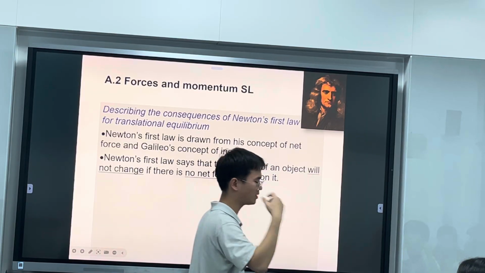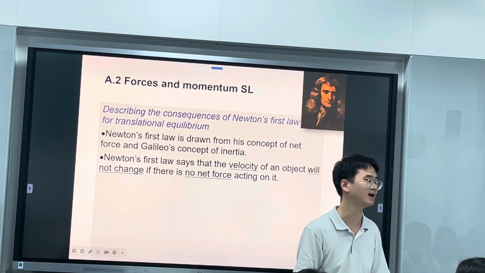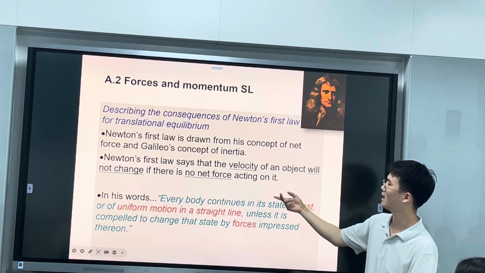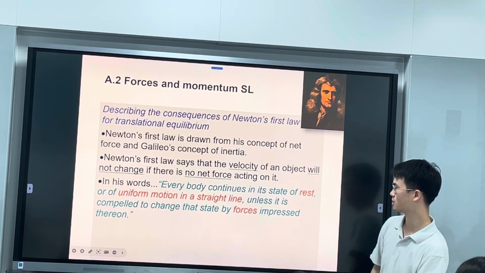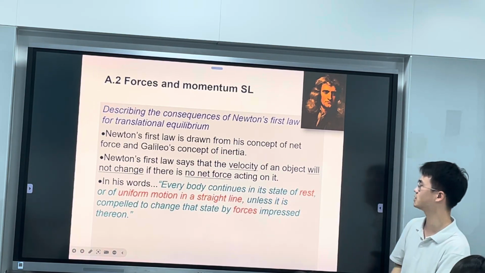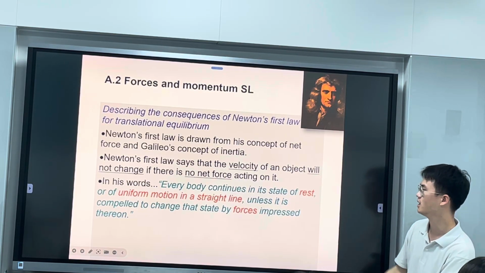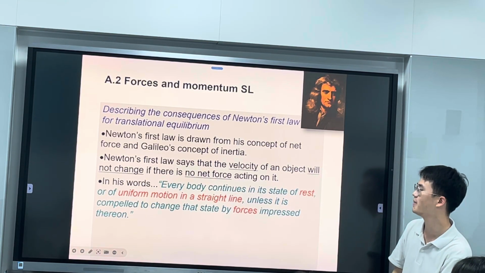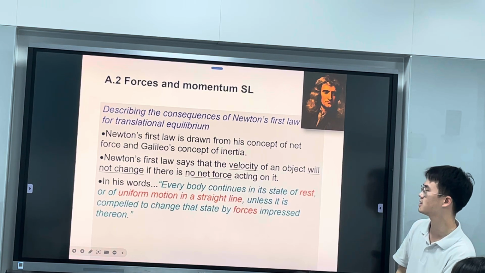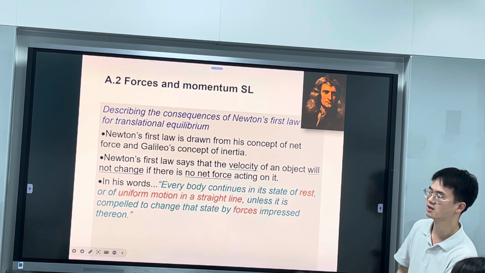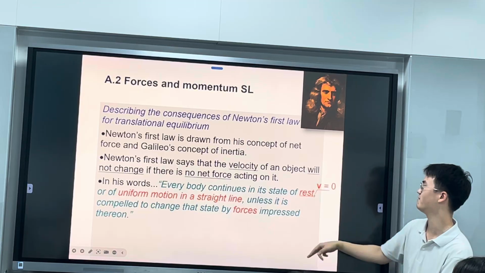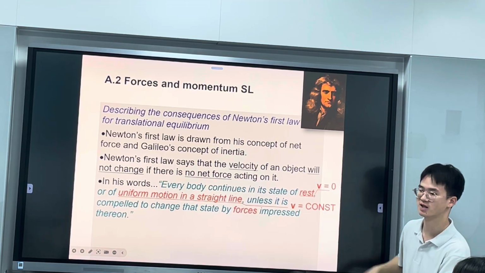If it's at rest, it will keep at rest, right? So similar idea here. In his words, every body continues in its state of rest or of uniform motion in a straight line, unless it is compelled to change that state by forces impressed thereon. Same thing. So velocity equal to zero or velocity equal to constant.